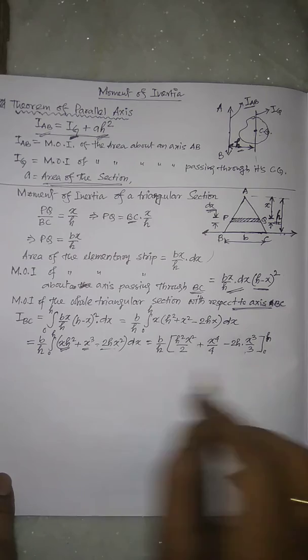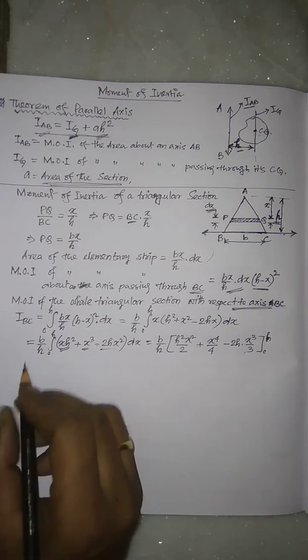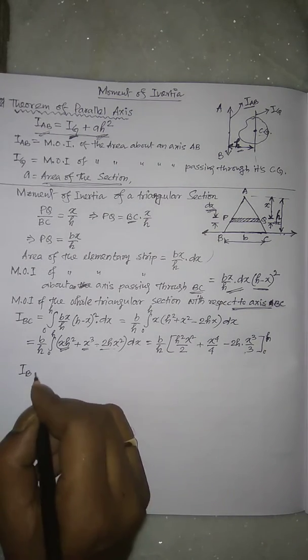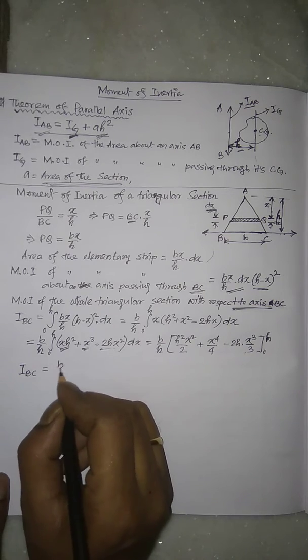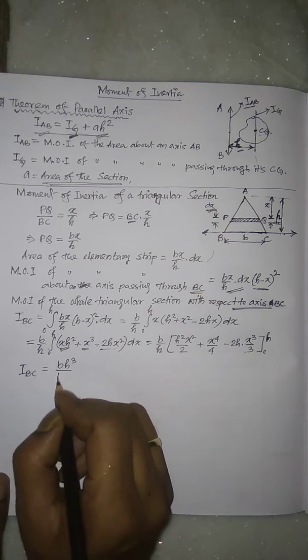If you simplify this quantity, I suffix BC is equal to b h cube by 12.